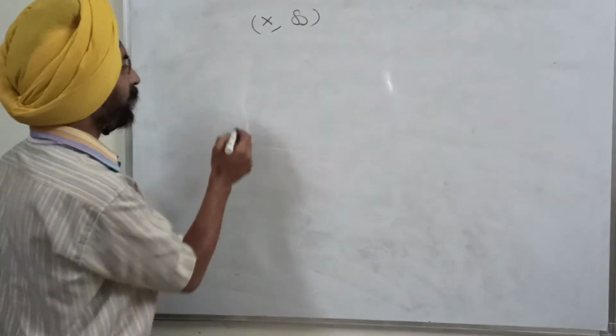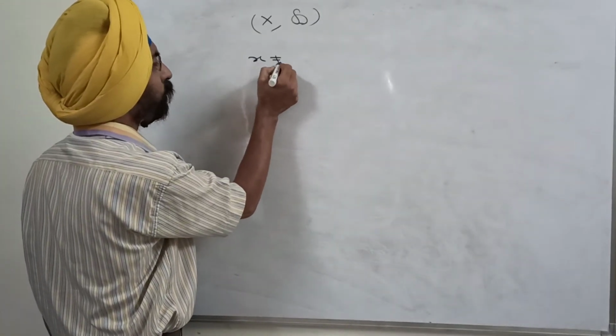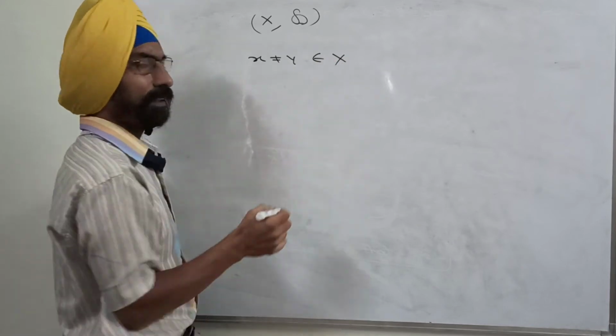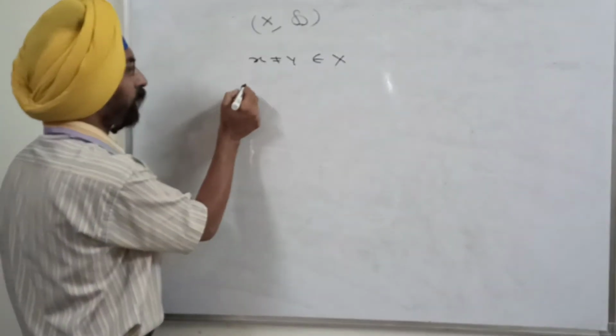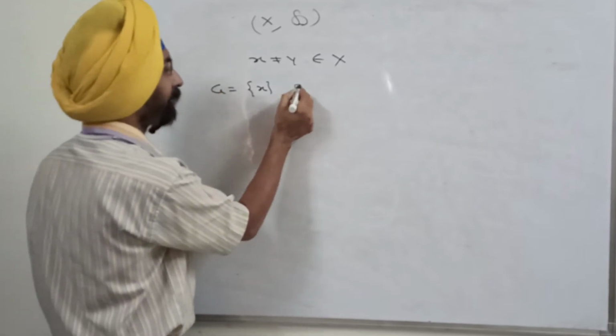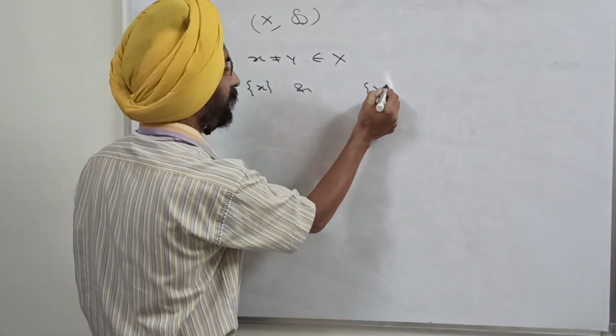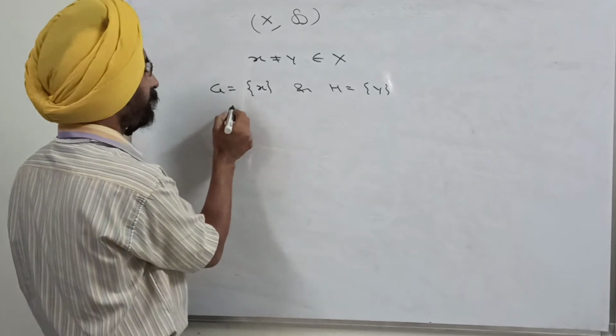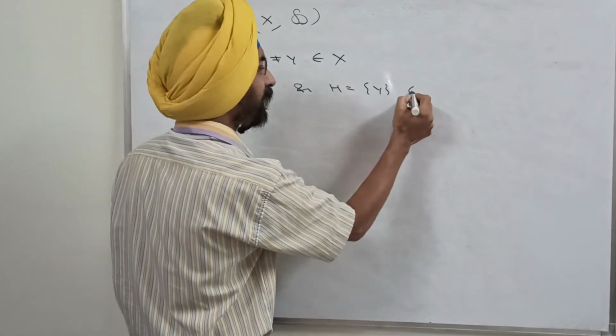So if you take two elements x not equal to y in X, then obviously you have the singleton set {x}, which is open, and the singleton set {y}, which is also open. Both belong to tau.